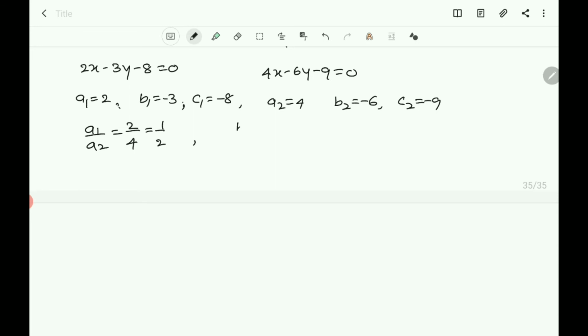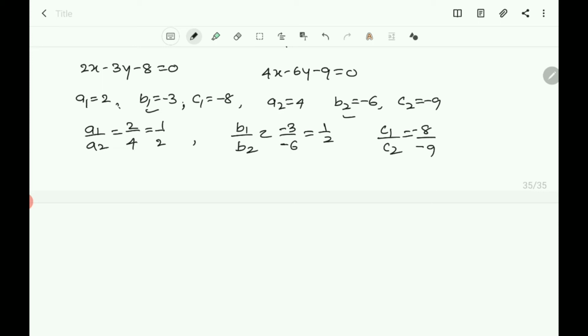Next b1 by b2, that is minus 3 by minus 6, that is equal to 1 by 2. Next c1 by c2. c1 by c2 is minus 8 by minus 9.